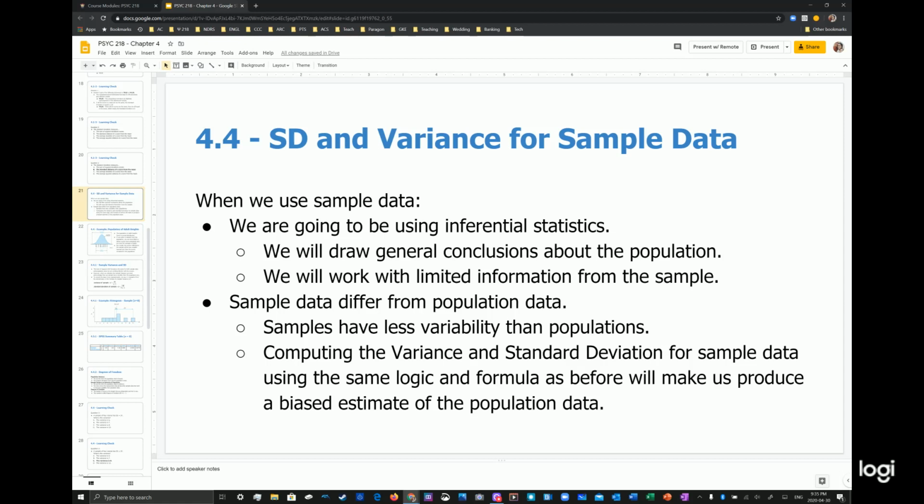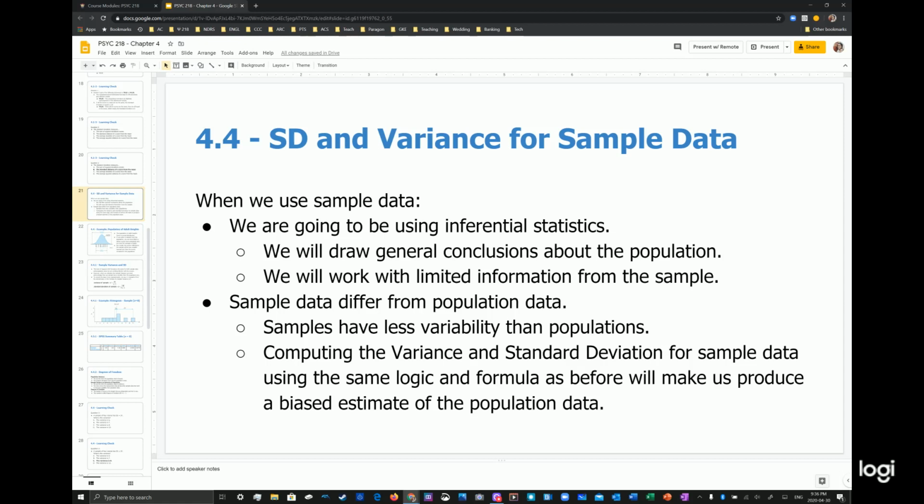So when we use sample data, the best we can do is get a sample that is representative of the population, and when we do have a representative sample, we can make inferences from the sample about the population. Which is why, again, you can think back to chapter 1 as we talk about the difference between descriptive statistics and inferential statistics.